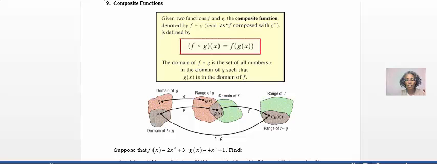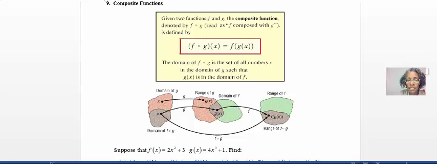And here you have a little illustration. Any x that go into this function have to be in the domain of g. So I have to be able to put those into g. Additionally, those g values have to be able to go into f. So you kind of have a little illustration here for that.